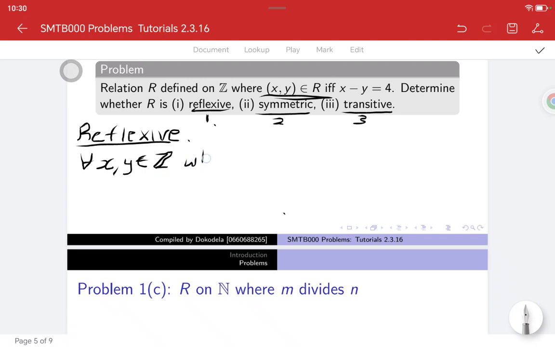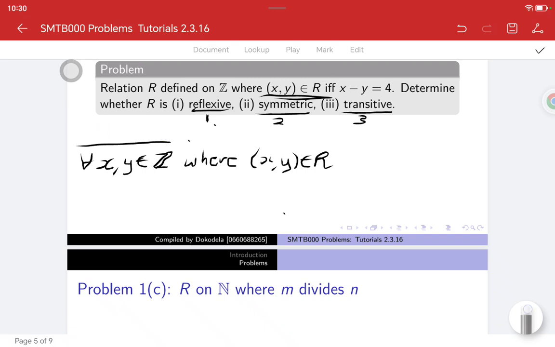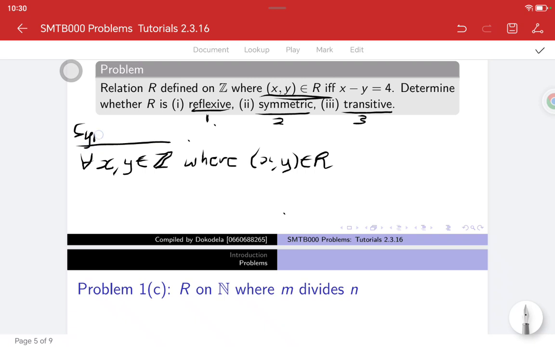I say where, now we see that x, y is an element of R. So the definition of symmetric, let me erase this thing and write symmetric since I'm proving symmetric. The definition of symmetric says that if this is true, then this one should also be true.